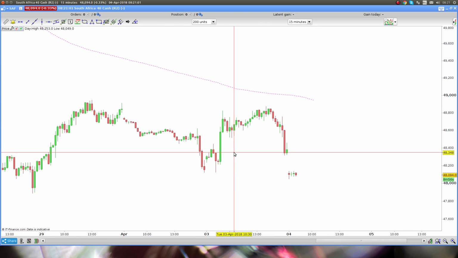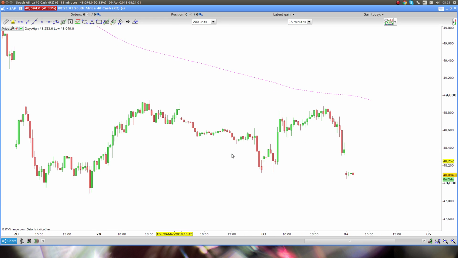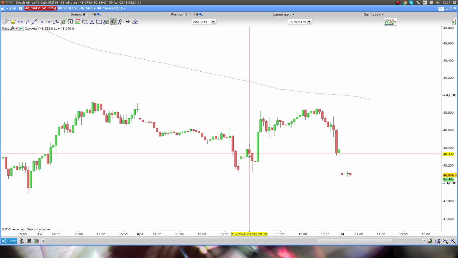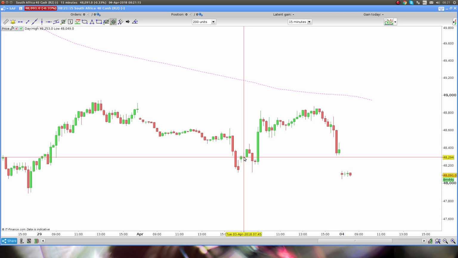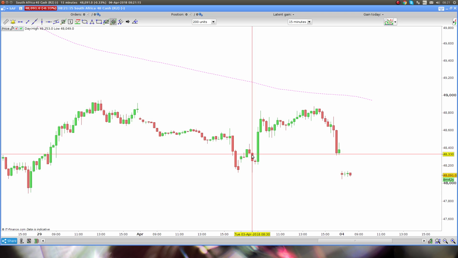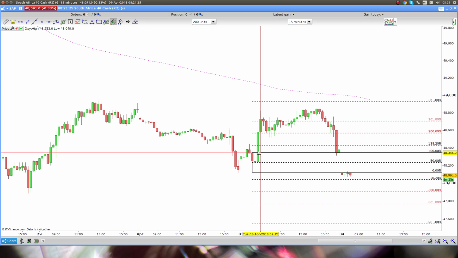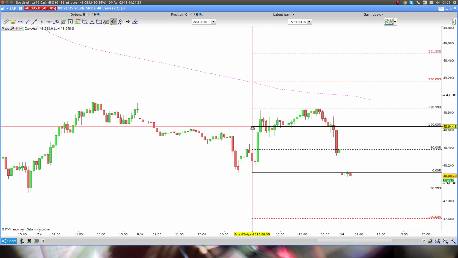A lot of people also trade the opening range. So what do I mean by that? Let's just take yesterday and I will use this. There are two ranges that basically take place, and the one starts at 8:30 and finishes at 9 o'clock.